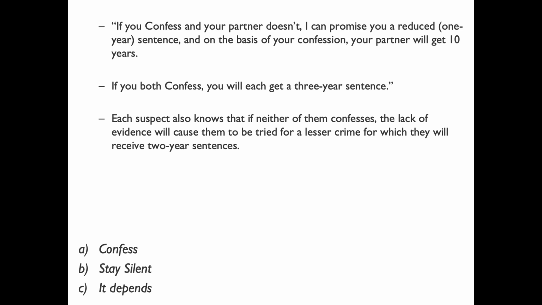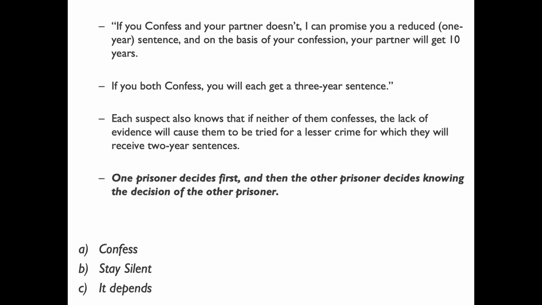All right. Now, to understand what a simultaneous game is, I think it helps to contrast it with the other kind of game. So suppose I added one more rule to this game, which is the following: one prisoner will decide first, and then the other prisoner decides knowing the decision of the first prisoner.